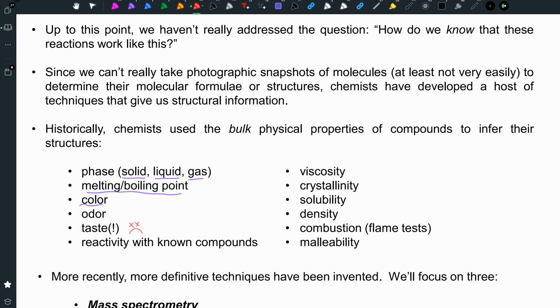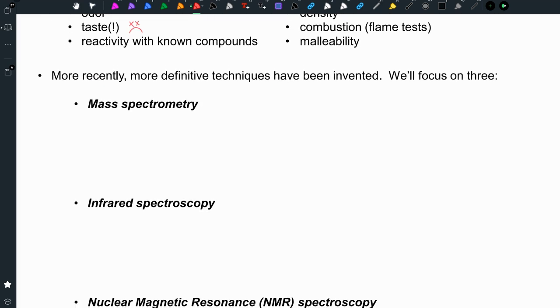And so those techniques are called spectroscopy techniques. I want to explain how a few of them are used in organic chemistry. The three that we'll look at would be mass spectrometry. This can really tell you the chemical formula.